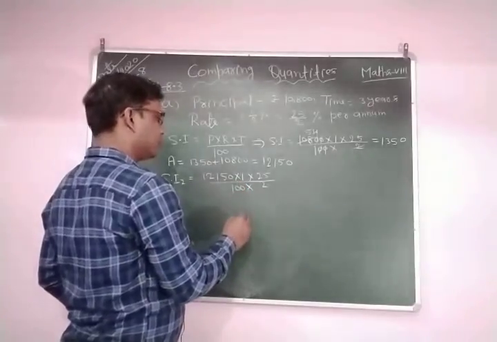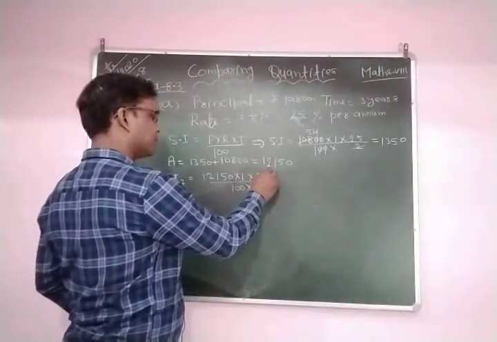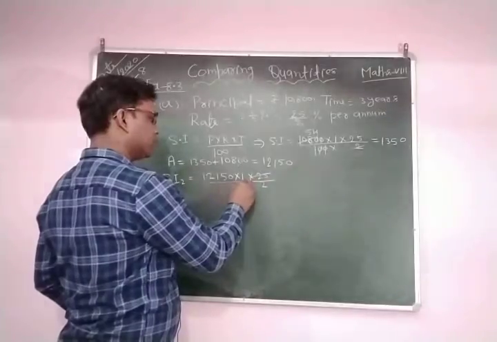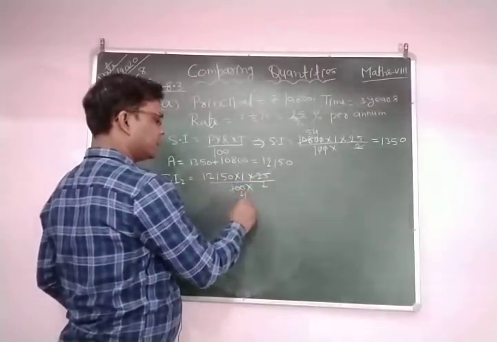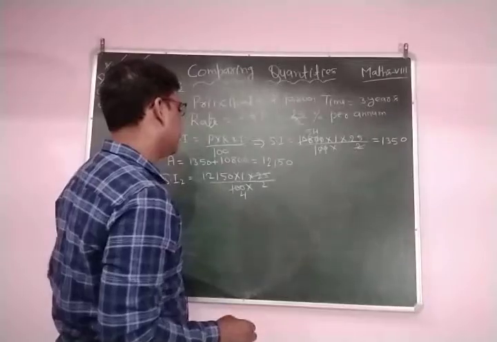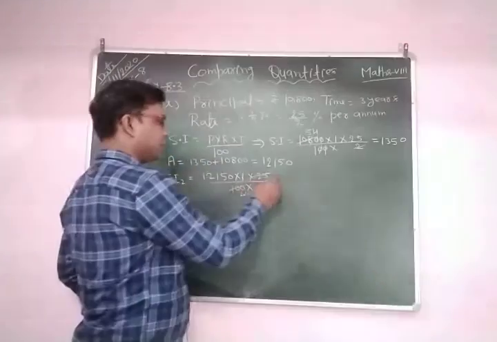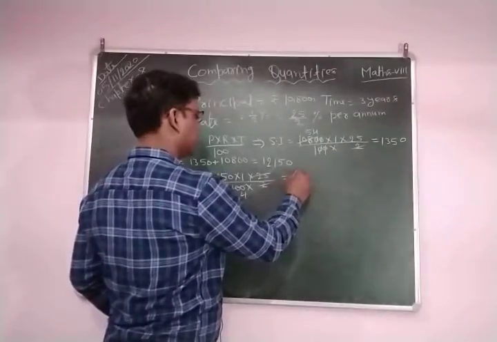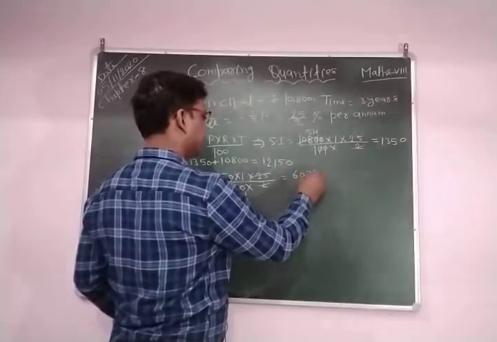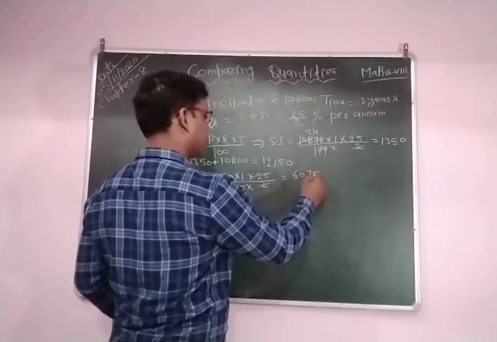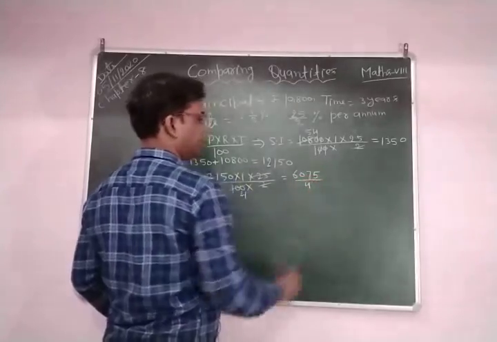Clear? So you can cancel it. This becomes 4 times. Clear? And when you divide by 2 this number, then you obtain 6075. Clear? Divide by 4.